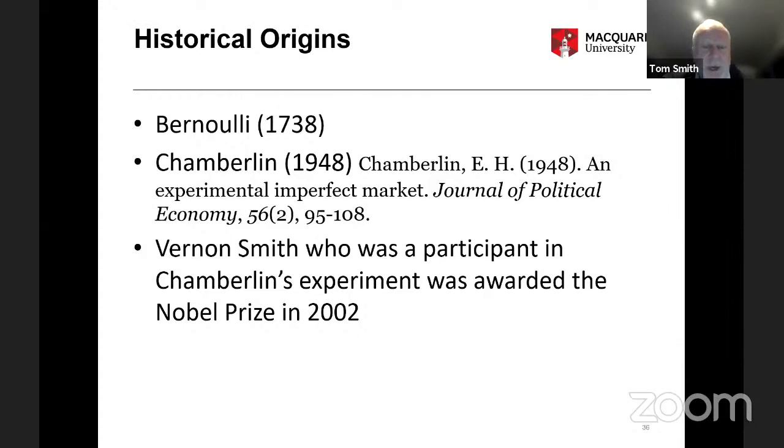And interestingly enough, remember I showed you the Nobel Prize winners earlier. Vernon Smith was one of the Nobel Prize winners. Well, he was actually a participant in Chamberlain's experiment as a student. Vernon Smith was a participant in Chamberlain's 1948 experiment. So you can say that Chamberlain was sort of the father of modern experimental methods.